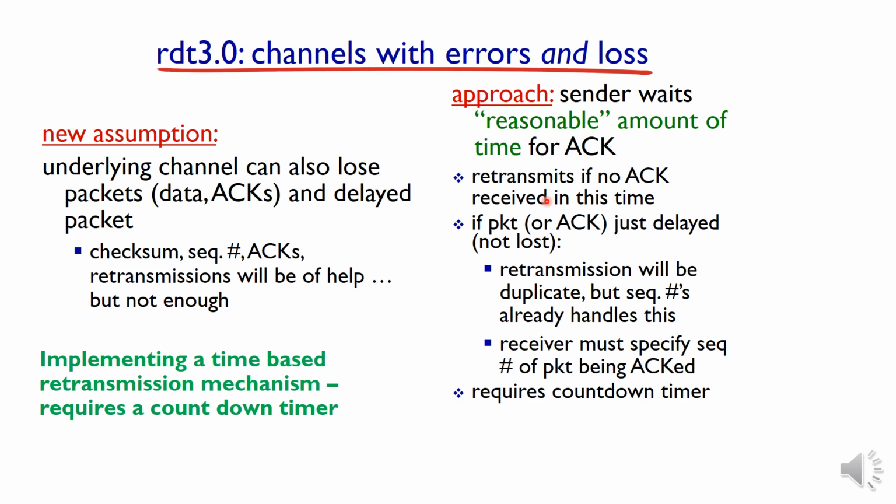Then, after waiting that amount of time, if the acknowledgement is not received, the sender thinks that the acknowledgement or packet is missed in between. So it retransmits the same packet. Actually, the packet is not lost. Suppose the packet is just delayed only.